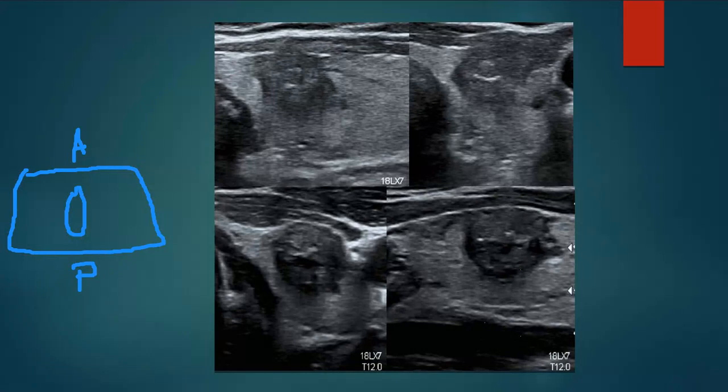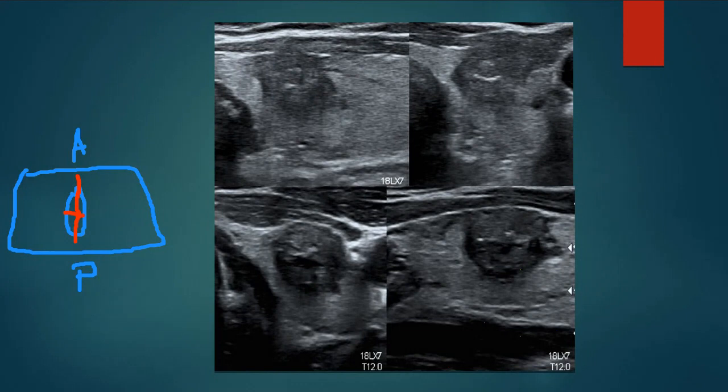So when you do an AP measurement of that, or a height measurement, this measurement is going to be much bigger than the width measurement. And that signifies a cancerous finding. When it's taller than wide, it's invading the surrounding structures above it and below it.